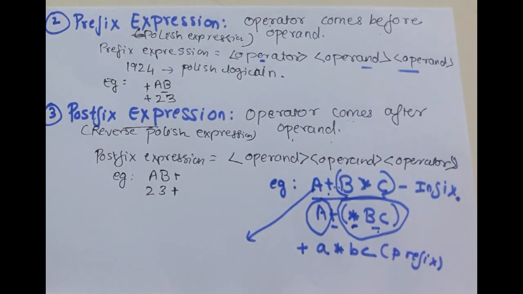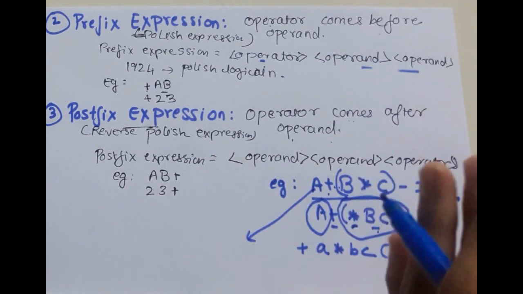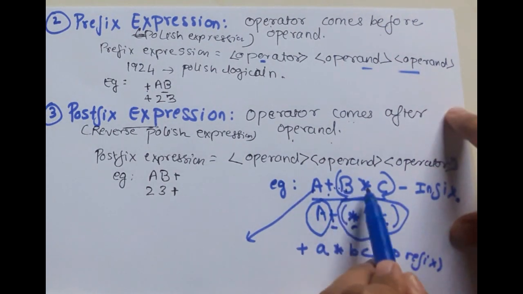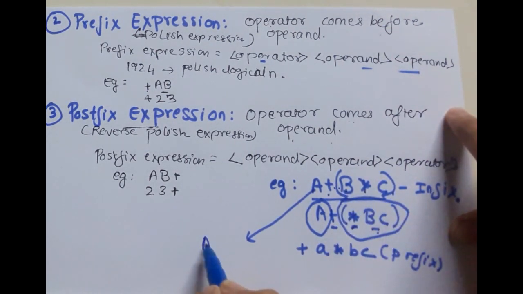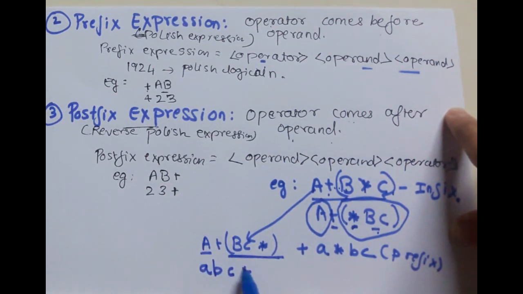Now in postfix expression we know that first there will be operands and then operator. So B multiply by C we can write here as A plus BC into. Okay. And now there will be addition between A and this entire postfix expression. So we'll write here as A, B, C into plus.